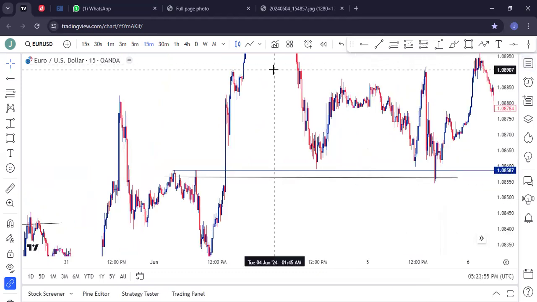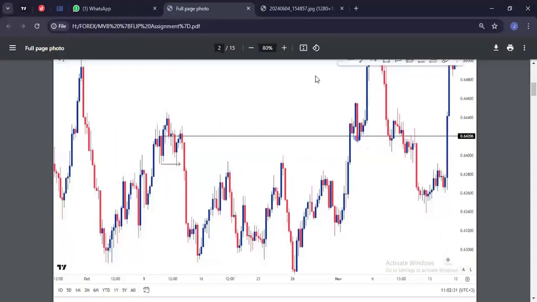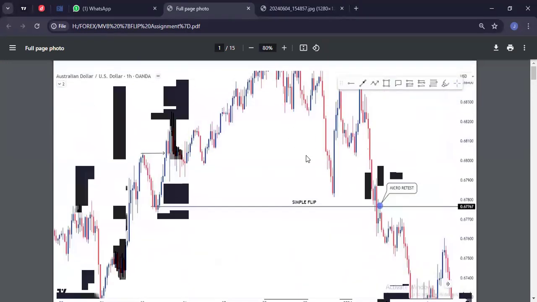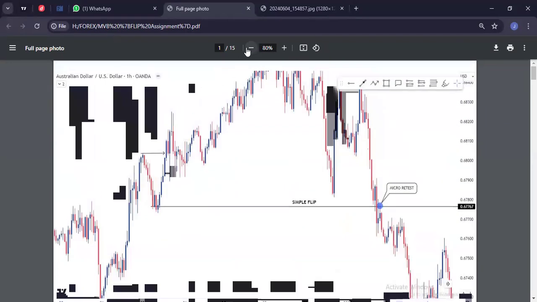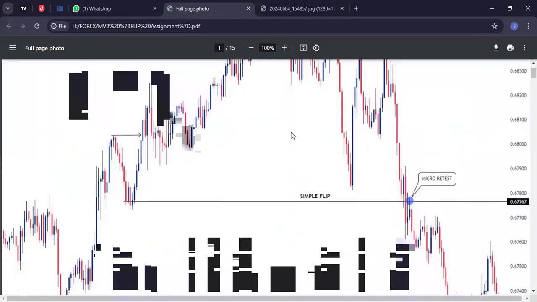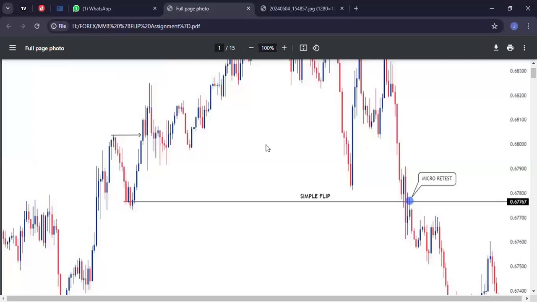So I have a few examples I screenshotted myself. These are the entries I took myself using this liquidity engineering flip. So this was my first entry. I don't know if you can see them clearly. Yes, I can see.